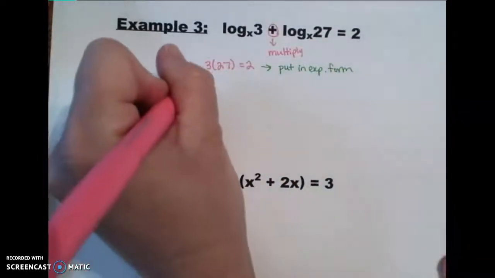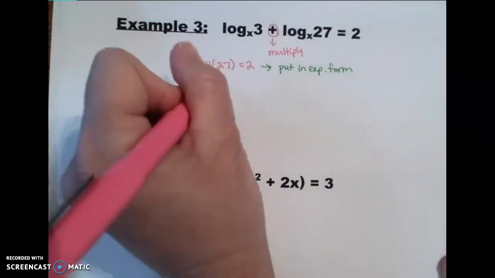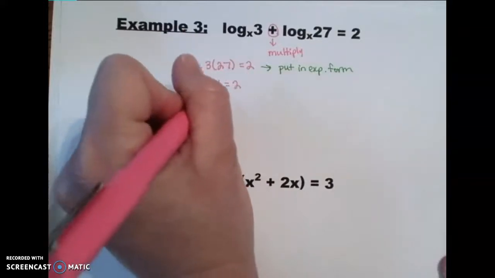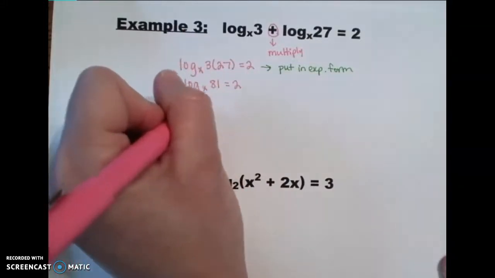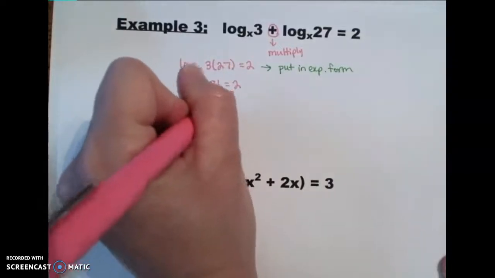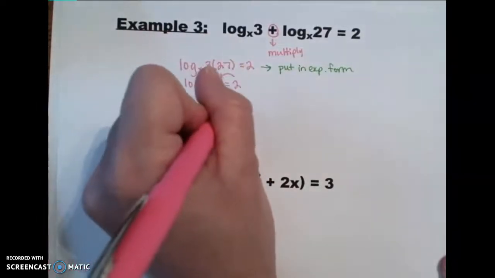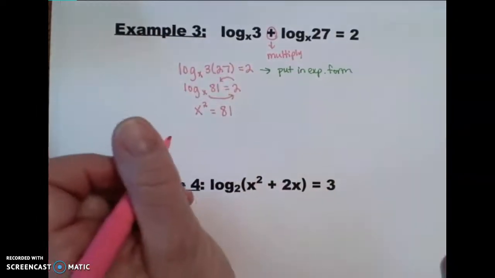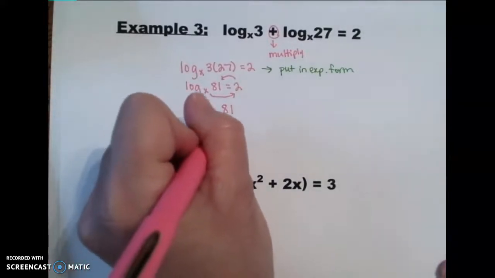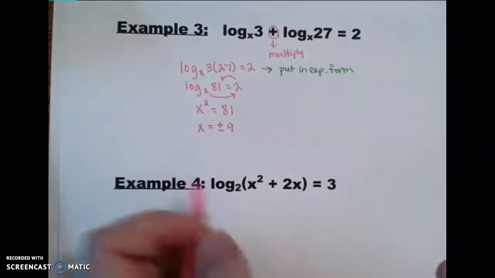So when I multiply that, I've got log base x of 81 equals 2. Now we're going to exponential form. So my base is going to be x. I'm going to go out from my exponent equals, come back to get that 81.